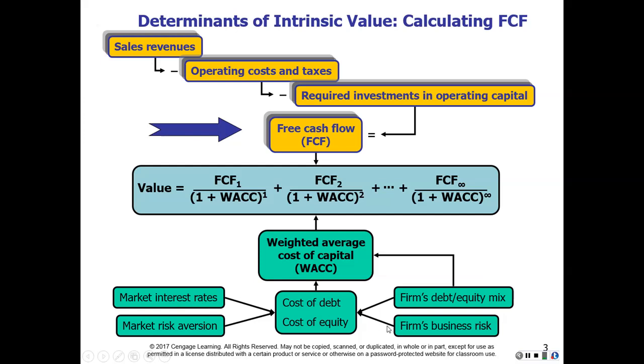Then the cost of equity is going to be based on how much people want to pay for the stock, and to buy the stock, and that's going to be based on the future prospects, given the firm's business risk, people's market risk aversion, and the debt to equity mix that the firm carries in order to finance its operations, right? And you'll see how all of this ties in later chapters.